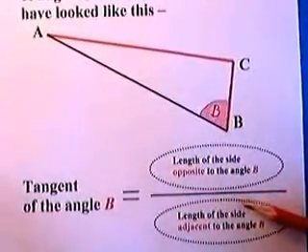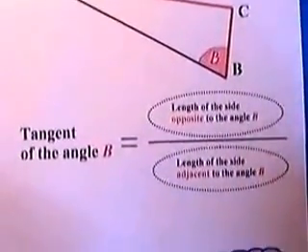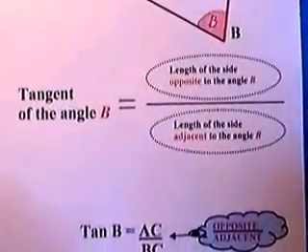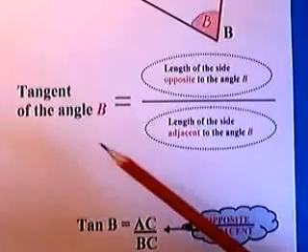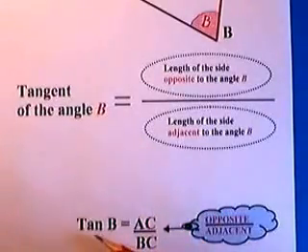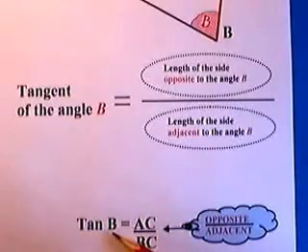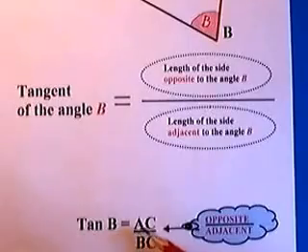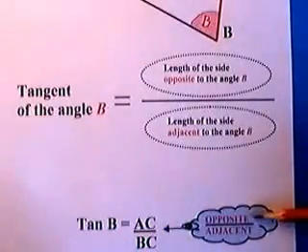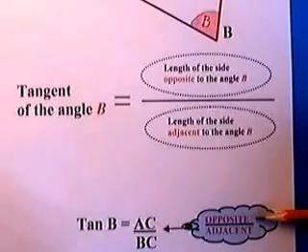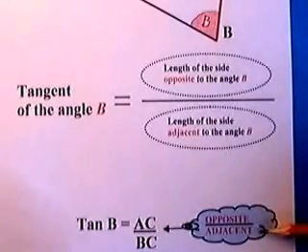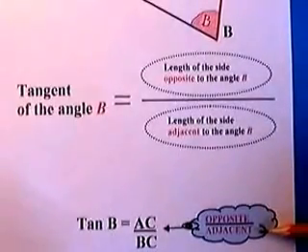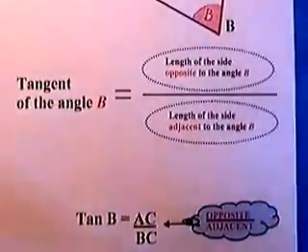And that's usually abbreviated to that. The tangent of the angle B is written as tan B, and it's equal to AC divided by BC, or the length of the side opposite to the angle B divided by the length of the side adjacent to angle B.